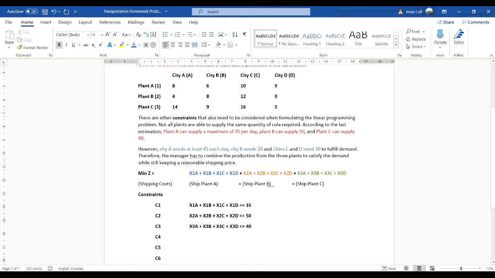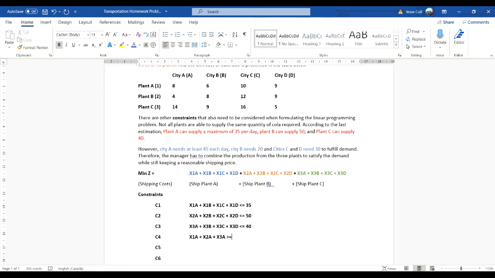Moving up here, we see that City A needs at least 45 each day. So City A is right here. City A can receive shipments from 1A, 2A, 3A. So we see here x1A plus x2A plus x3A must be greater than or equal to.